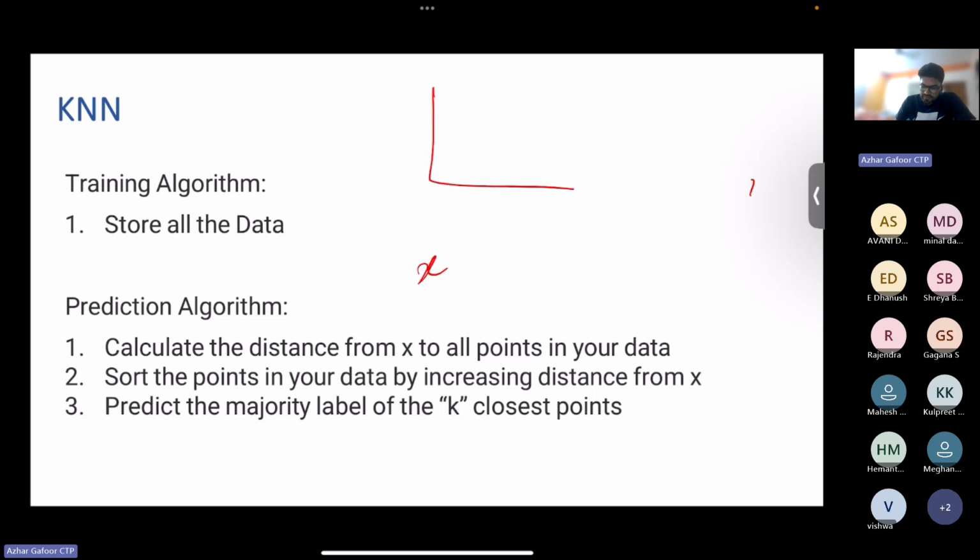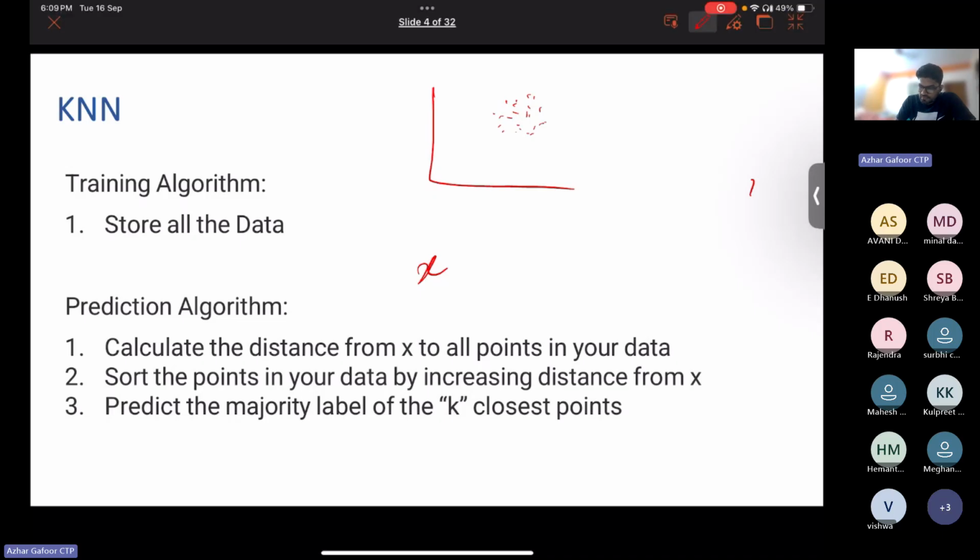So let's say we had our horse data and we had our dogs here. Let's say a new data point X is placed somewhere here.